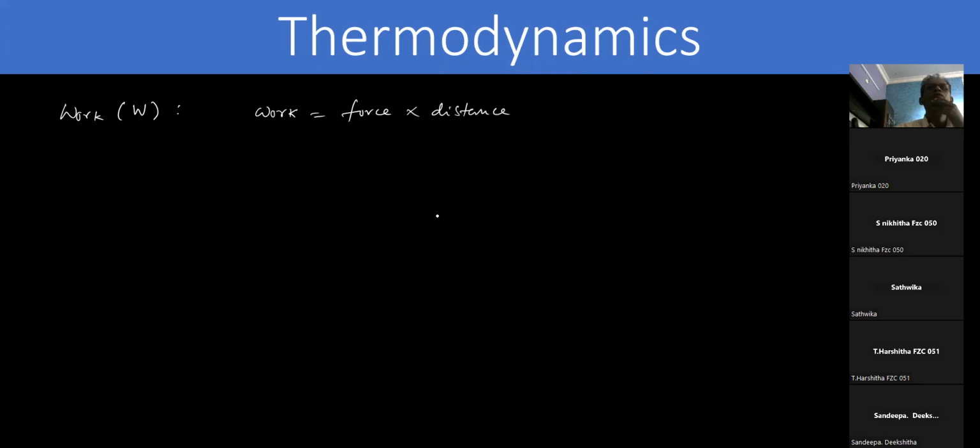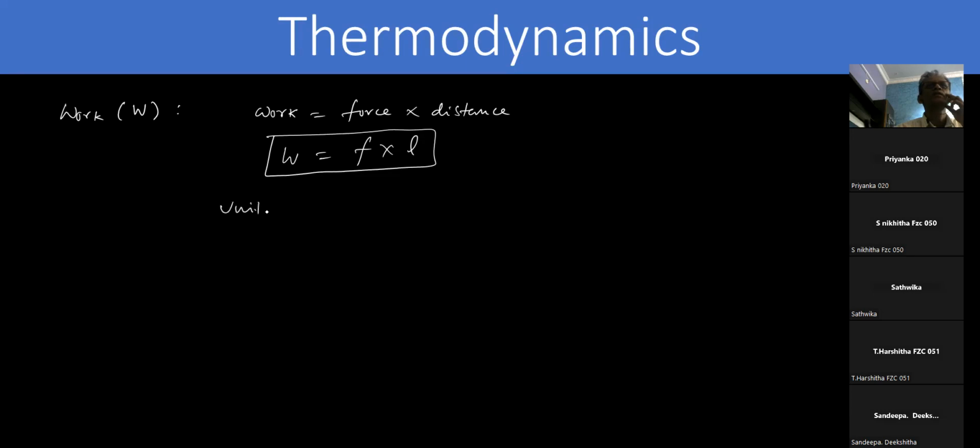The product of these two, force and distance, gives us work. It is a physical term. Force is represented with F, the distance is L, work is W. This is the formula for work. The units of work are nothing but energy units.